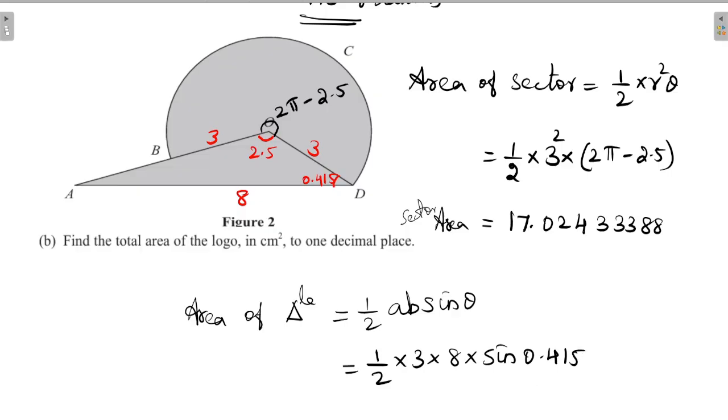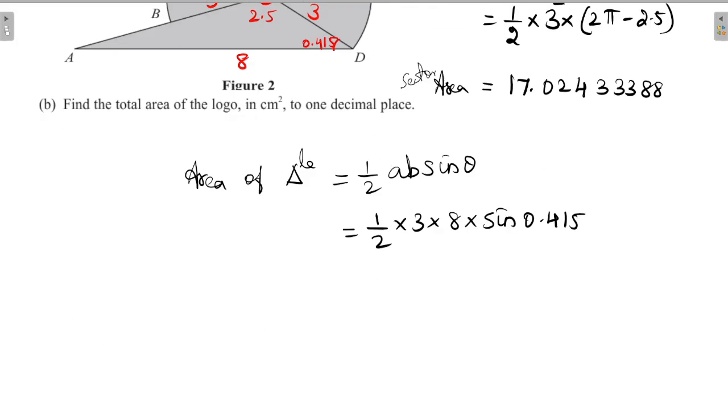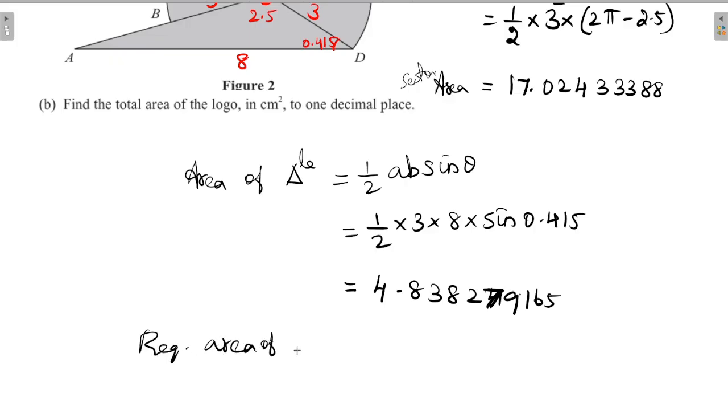We should not use the other angle because we don't know the entire side; we know only the two sides. Now by using the calculator, the area of the triangle is 4.83824979.